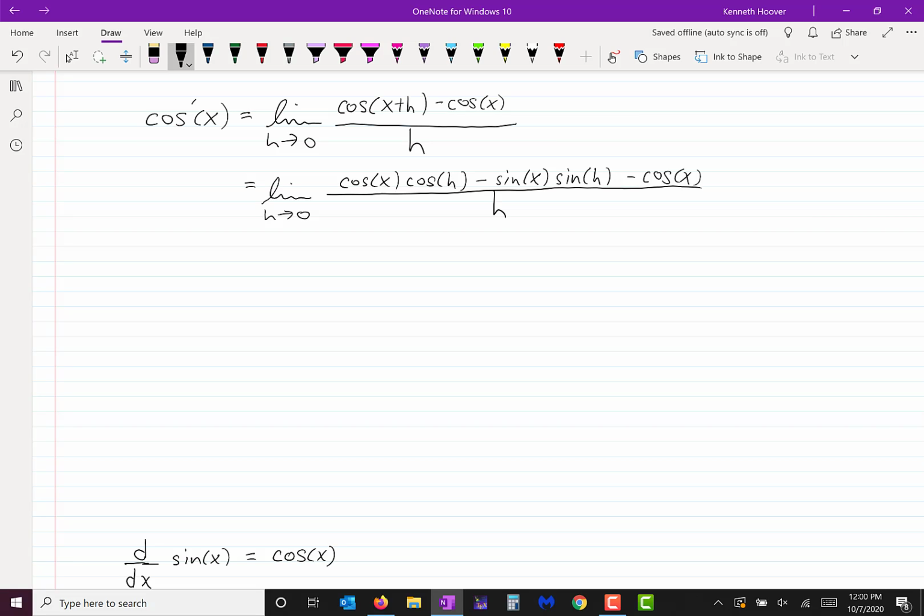And very similar to when we were doing sine, you see I can break this up into cosine of x times the limit of cosine of h minus 1 over h minus, this time, sine of x times the limit of sine of h over h.